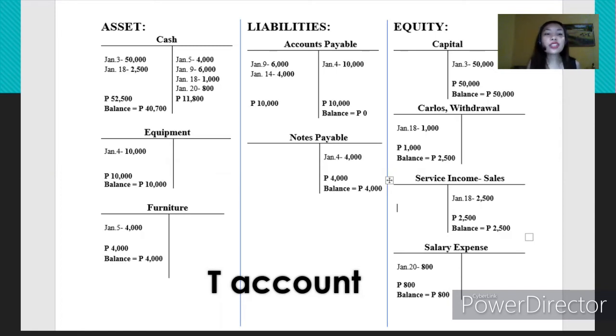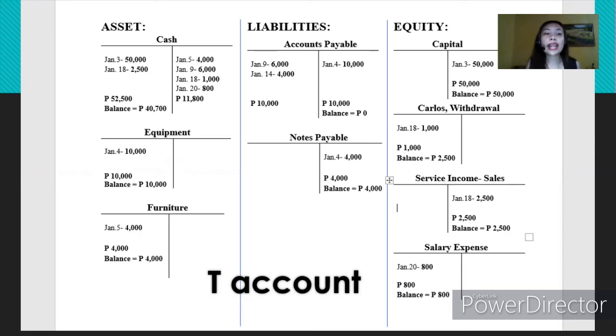So everything on the cash being debited, you are going to write on the debit side. So that will be a summarization. Let's take for example January 3, that transaction was the investment of Ruby worth 50,000. So you're going to place it at the cash debit corner. That is what we call the T account ledger for cash.